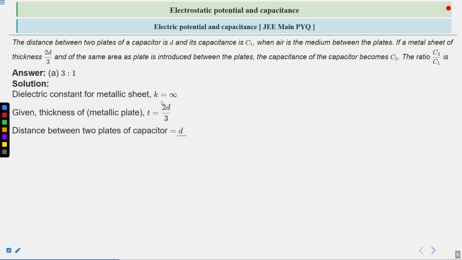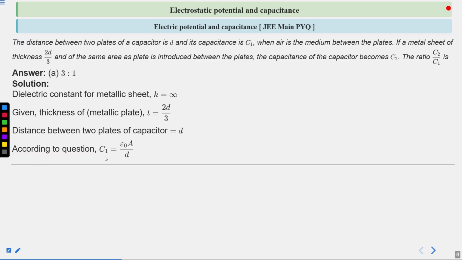The dielectric constant for a metallic sheet is now infinity. So for that type of arrangement, when the dielectric medium has thickness less than the separation between the plates, our result for the capacitance is given by a different formula.